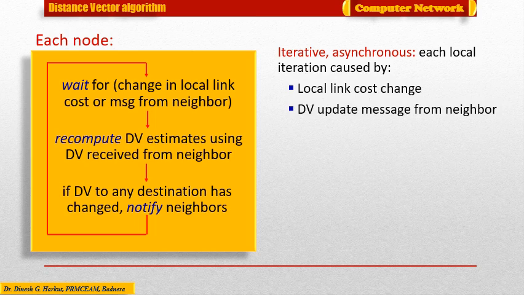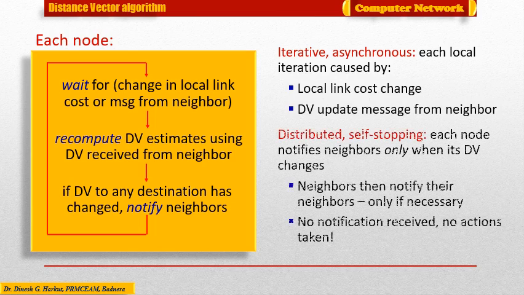Rather, they are triggered at individual nodes as and when there is a change in local link cost or upon receipt of a change message from neighboring nodes. It works purely in a distributed or decentralized mode.